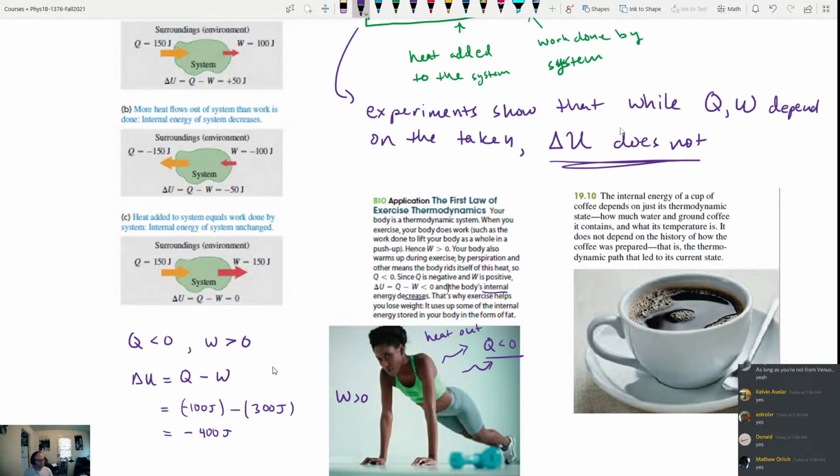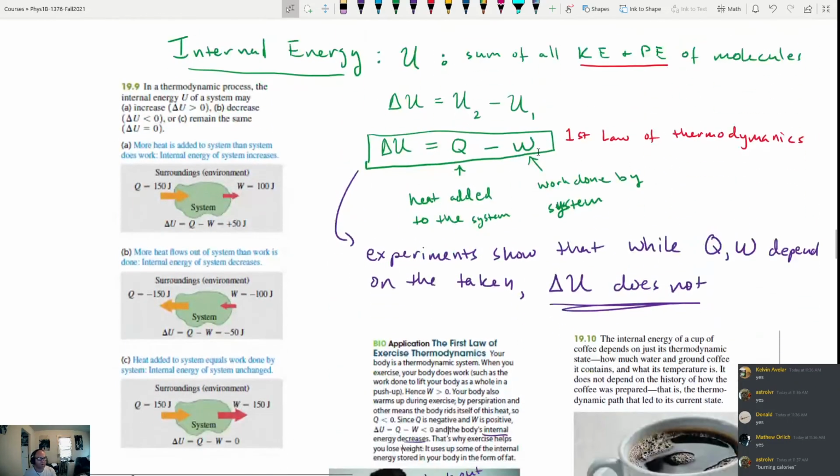I think you all knew that when you exercise, you burn calories, right? Or you burn fat. Burning calories is a lot easier than burning fat. But calories are a measurement of energy. You're reducing the internal energy of your system by destroying some of the things that have stored energy in them. I want to go back real quick here.